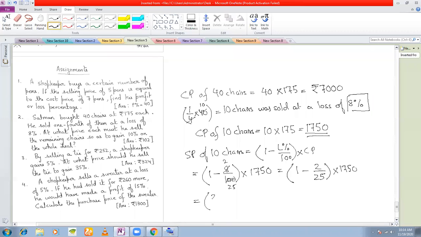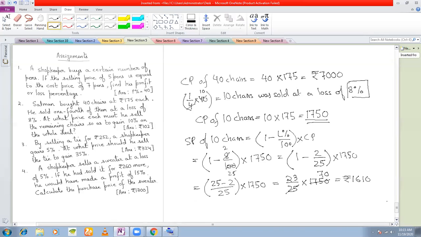So this is 25 minus 2 by 25 into 1750. So this is 23 by 25 into 1750. And now you cancel this, it's 70. And you multiply, this comes to 1610. So he's selling 10 chairs for 1,610 rupees.